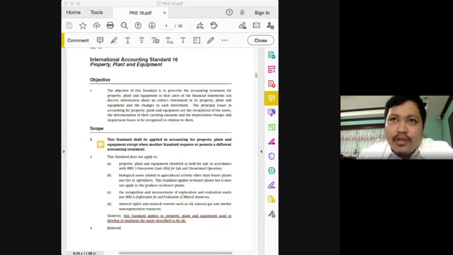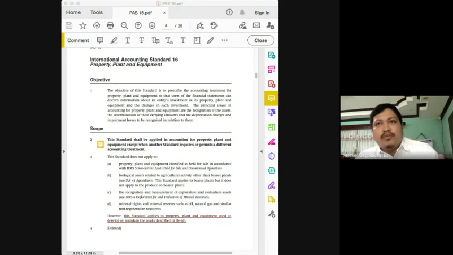Okay, so the point here is you will rarely be tested, class, to identify whether one is under PAS 16 or not. The question would most likely be which of the following is not covered by PAS 16.